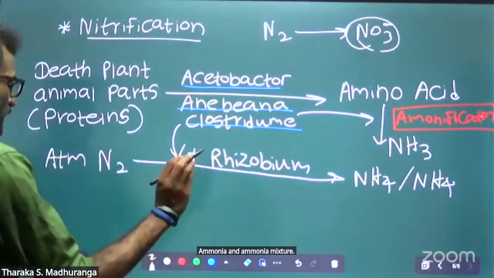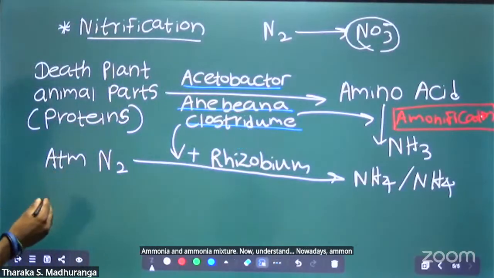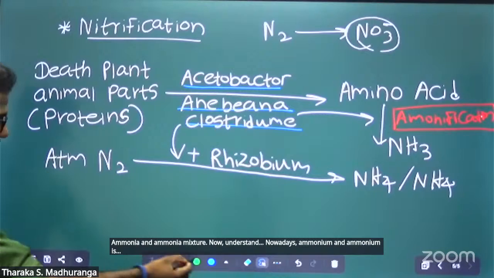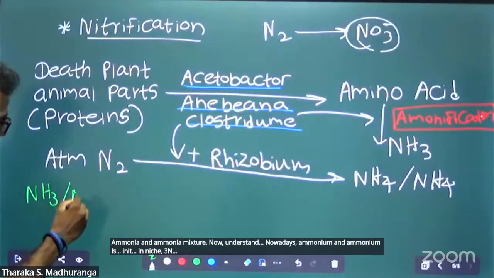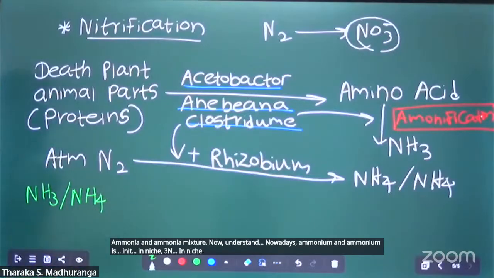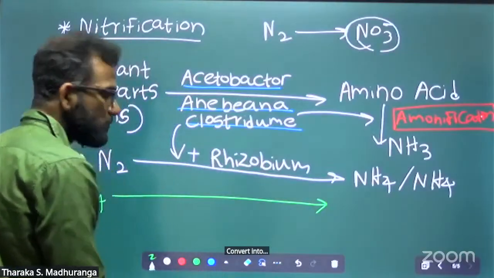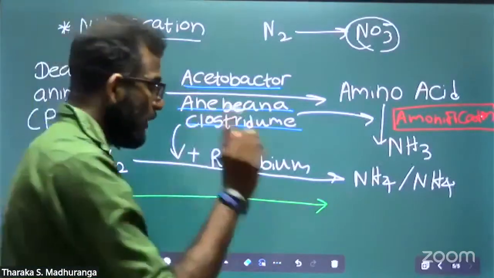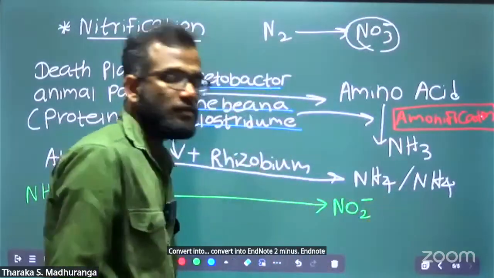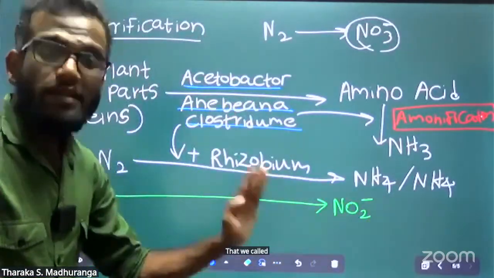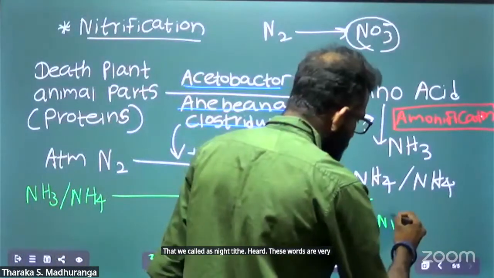Now understand, this ammonium and ammonia mixture, NH3 and NH4 produced in this process, converts into NO2 minus, that we call nitrite. These words are very important.